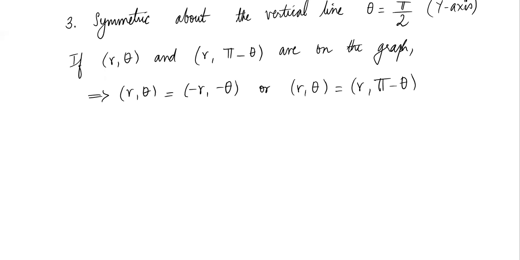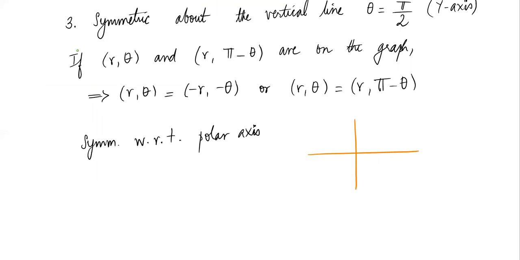So how does it look? Well, symmetric with respect to, WRT is with respect to, the polar axis would be, say we had (r, theta), right?